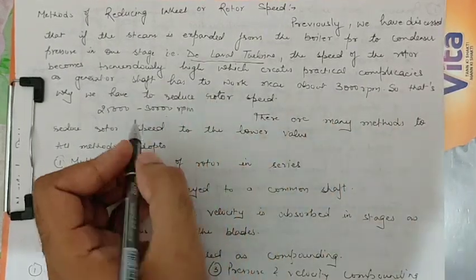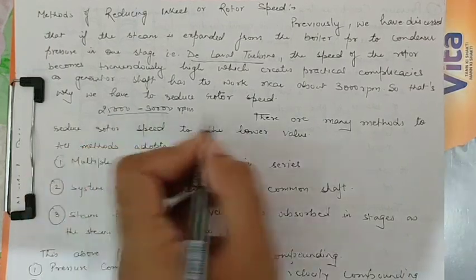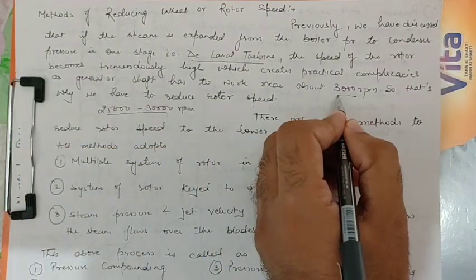So that's why we have to reduce this value to near about this value.